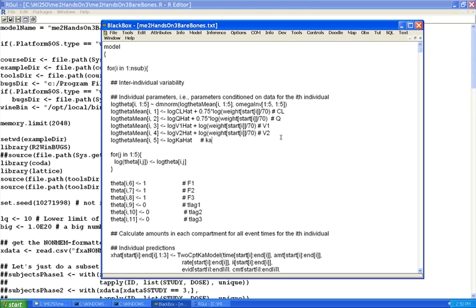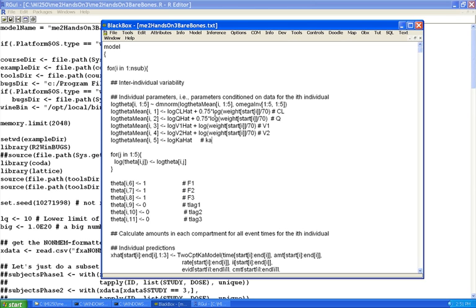Another complication you can imagine is, instead of assuming that the appropriate exponent is 0.75, I can make that a parameter that needs to be estimated. So you can incorporate that kind of flexibility pretty easily inside here.